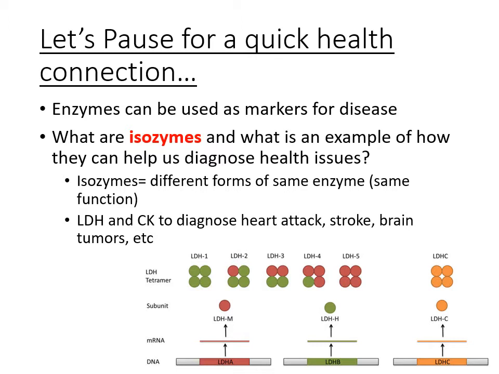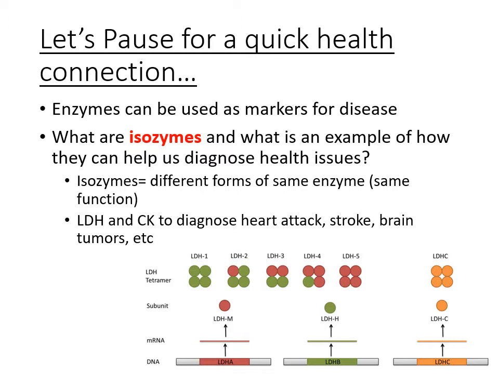Now, similarly, there's another enzyme called CK, which stands for creatine kinase. And with the creatine kinase, that's an enzyme that can occur in different places as well. It can be in the brain, the heart, and skeletal muscles. And depending on where you find CK and its isozymes, that will help you diagnose different things.